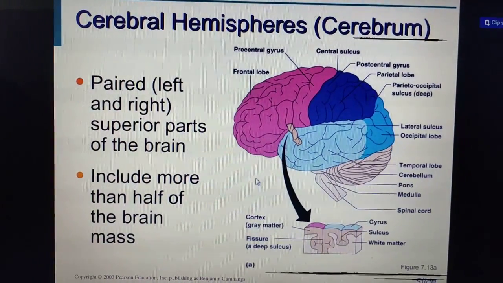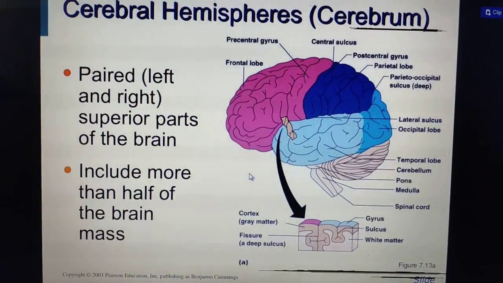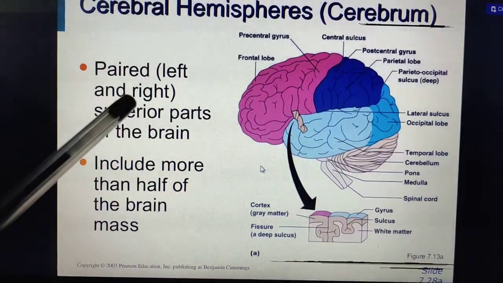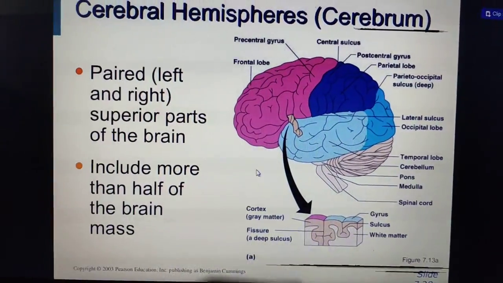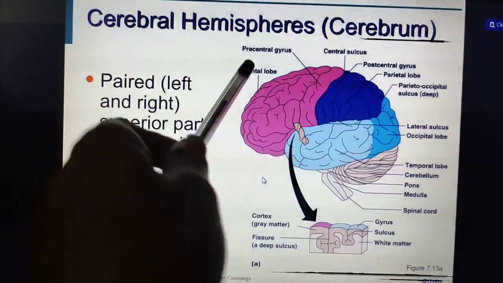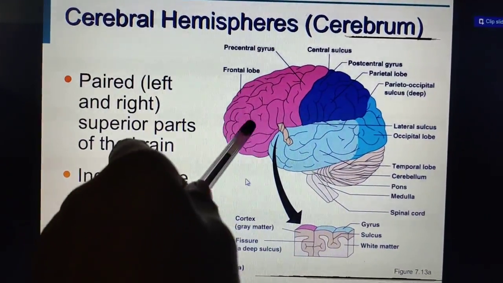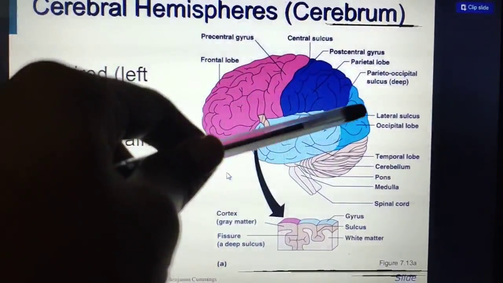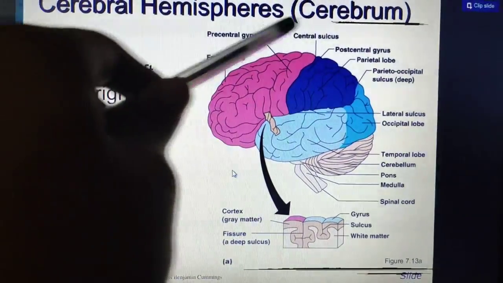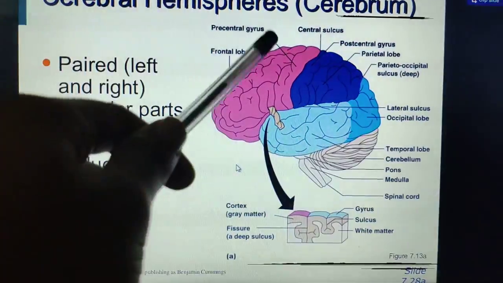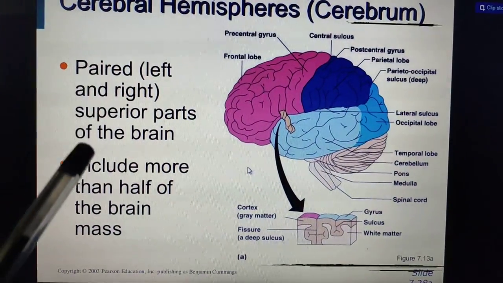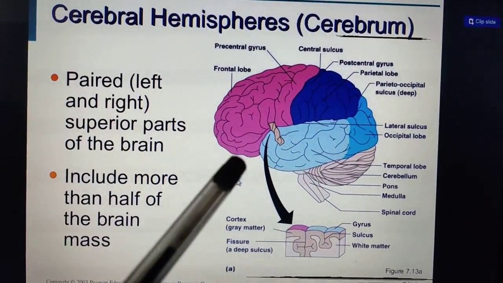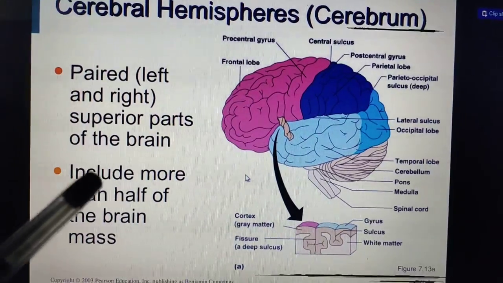Okay, now we'll see the cerebral hemisphere, or we can say cerebrum. This is paired, left and right. If you see the front view, and the side view, this is one hemisphere. If it is turned like this, we can see the left and right, the superior parts of the brain. We have 2 hemispheres, which include more than half of the brain mass.